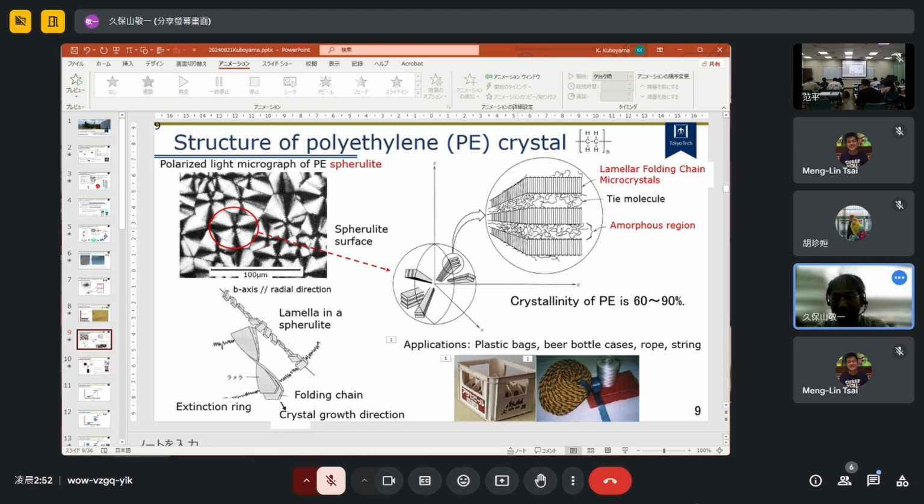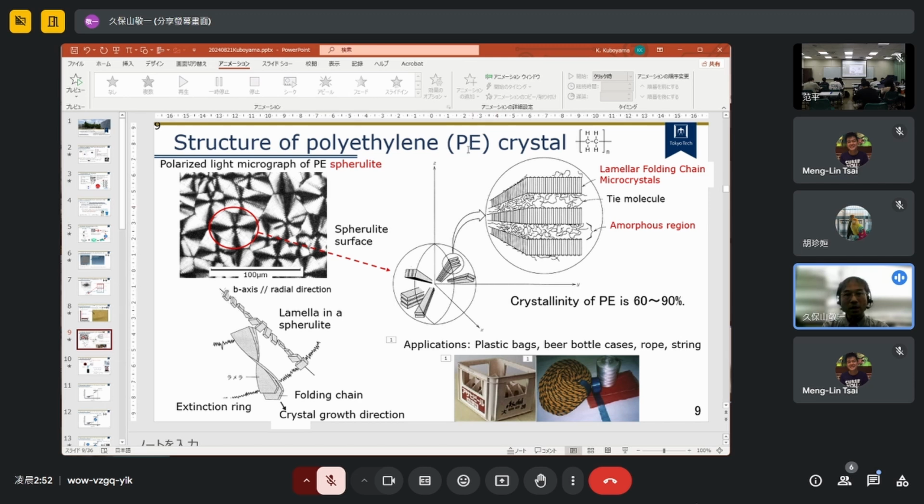So when you crystallize the polymer, you cannot get a perfect crystal. Some part is crystallized, but some part is an amorphous region, like this.